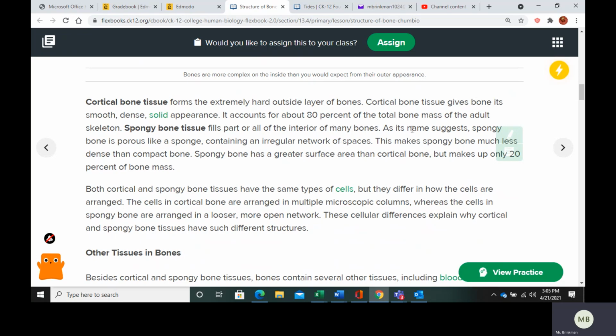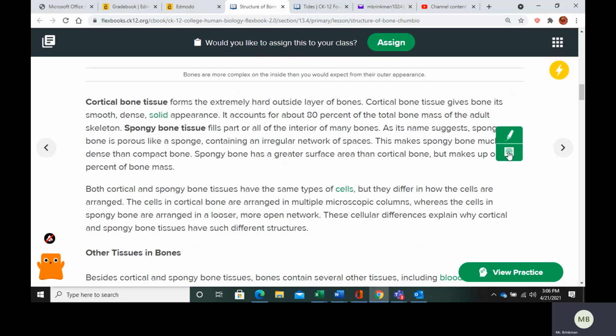You can probably guess from the name that spongy bone tissue is not named for its texture, but because it has a lot of spaces like a sponge. So it's less dense than compact bone, but compact bone is about 80% of the total bone mass of an adult.